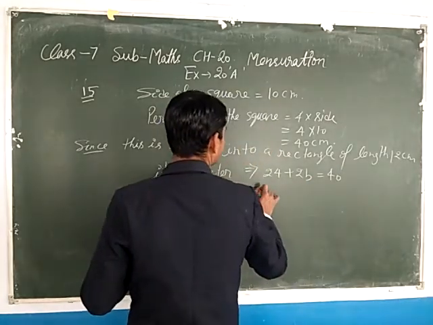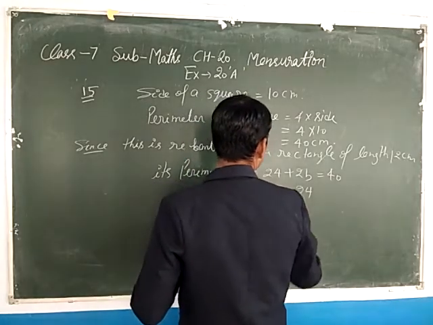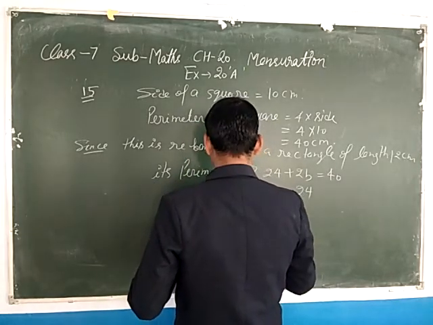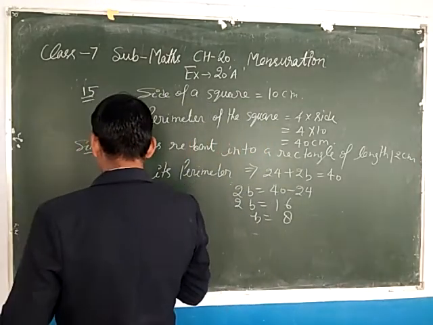So 2b equals 40 minus 24. 2b equals 16. So breadth equals 8. 2 eights are 16. Clear beta?